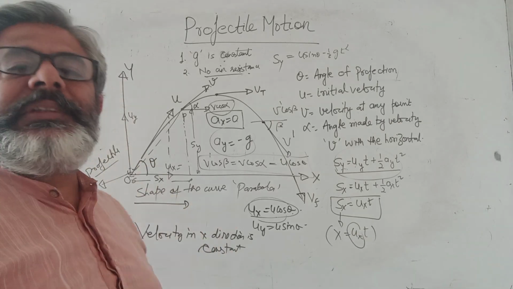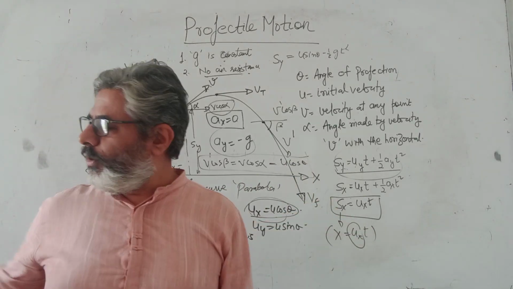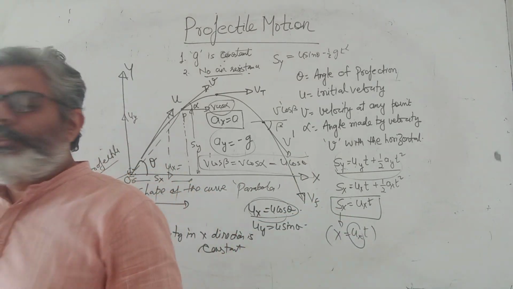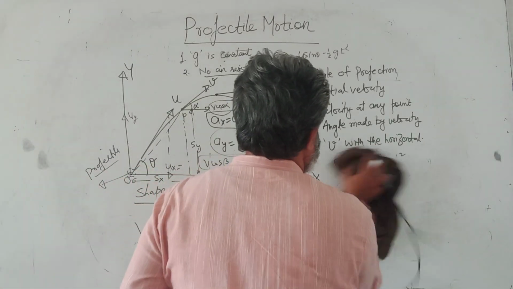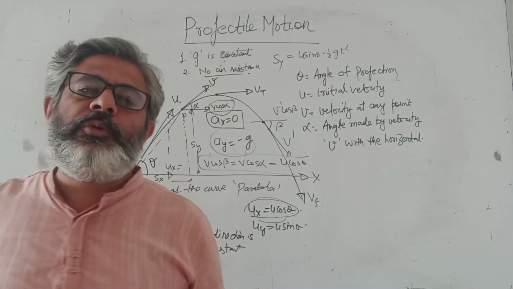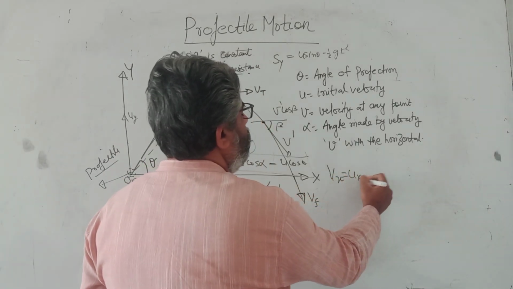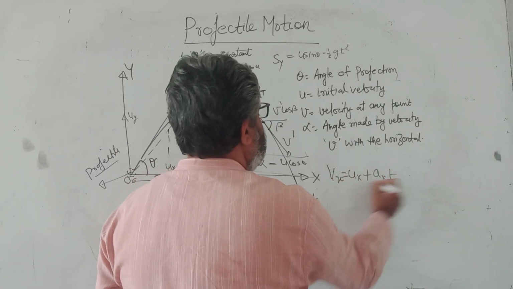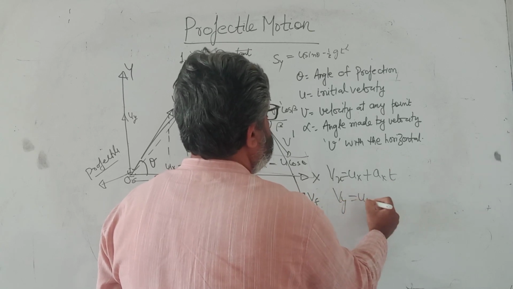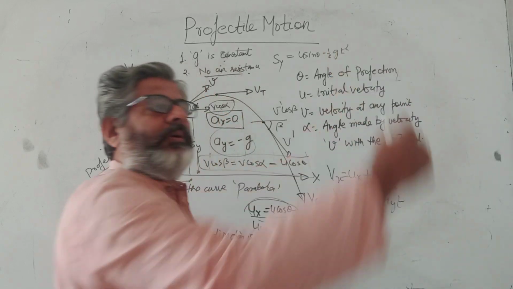Now if I use the first equation of motion, which I have not written here, I am rubbing this off and writing the first equation of motion, that is v is equal to u plus at. But again I will remind you, we will not write v, again we will write vx is equal to ux plus ax into t, and vy is equal to uy plus ay into t, but ax is 0.